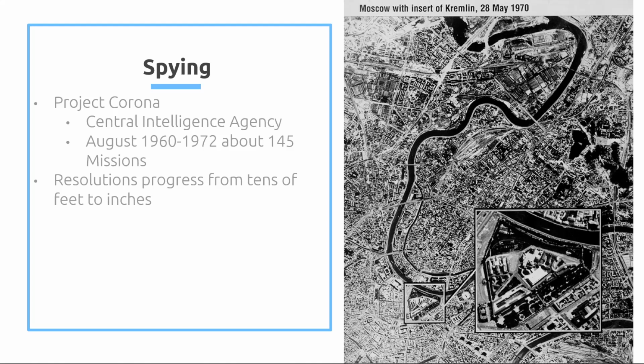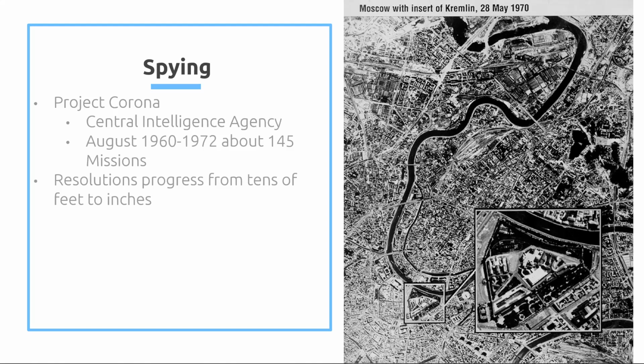Resolution during this time, driven by spying, became really high. If you remember last week, we talked about how a lot of this imagery can be either very fine resolution, which means you can see very closely, or very coarse. For a long time, the imagery from these photographs was very coarse. You couldn't really see that much.